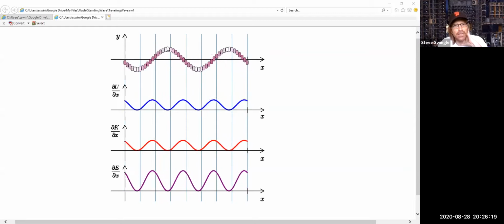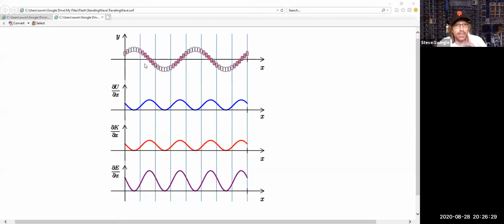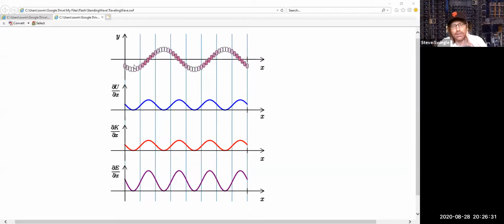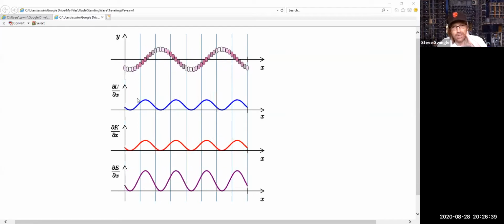I'm following the crest of the wave with my mouse, that's the propagation going to the right. There's a color coding on here, but the only color you see is purple, and the purple consists of blue and red.